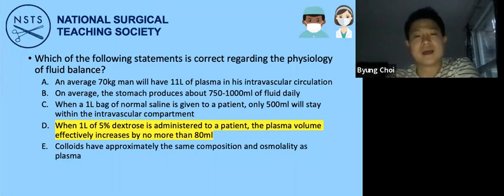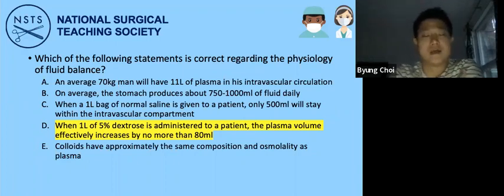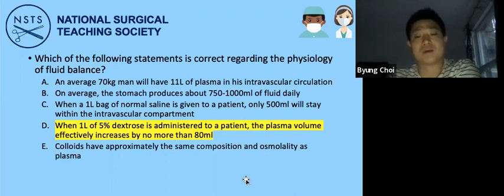And then B, again, it's one of those things that hopefully you come across a few times in past paper questions or within your revision. Passing the MRCS by Raftery is quite good for physiology, I found. And the stomach produces about 2 liters of gastric secretions and fluid, not up to a liter. Okay, so the answer is D for this question.